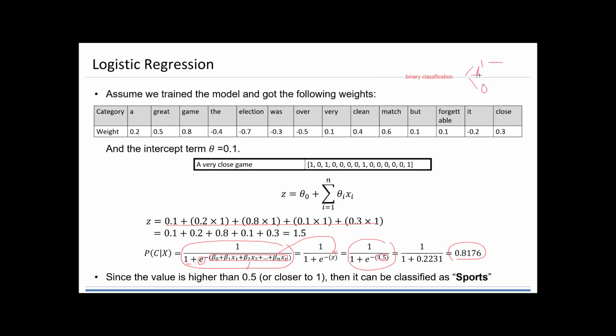If the probability is nearby 0, then it belongs to class 0. We already defined that 1 is sport and 0 is not sport. Because the value is higher than 0.5 or closer to 1, it can be classified as sport. So that's how we can interpret the result.